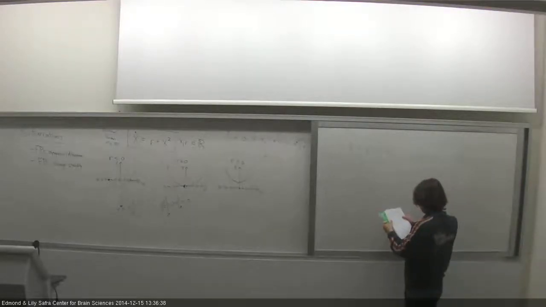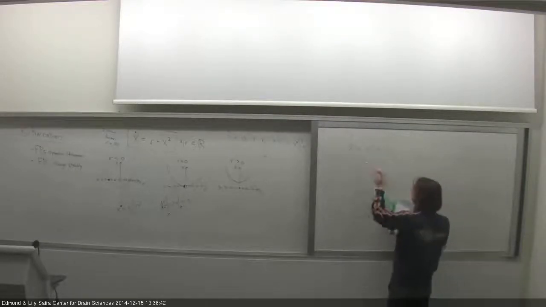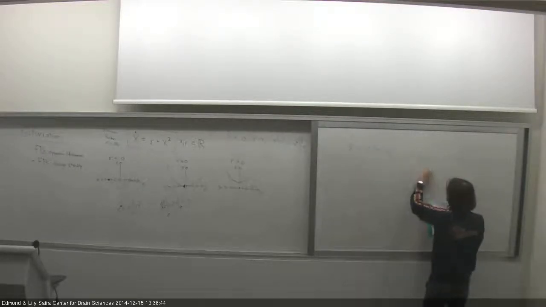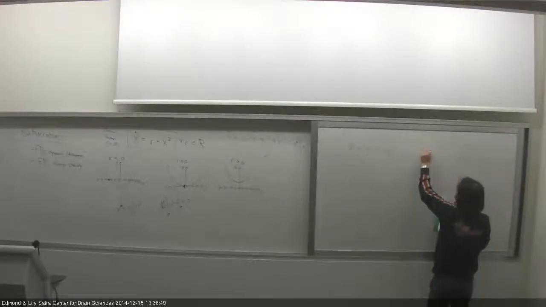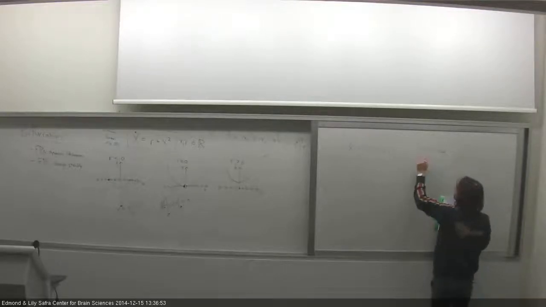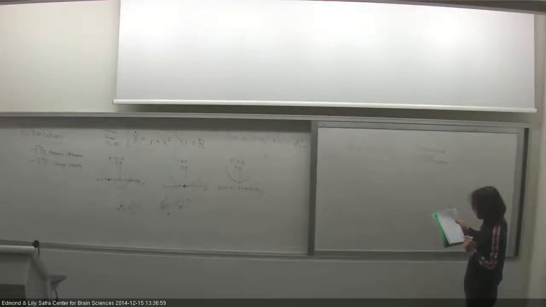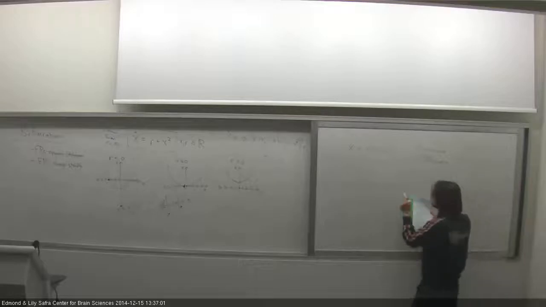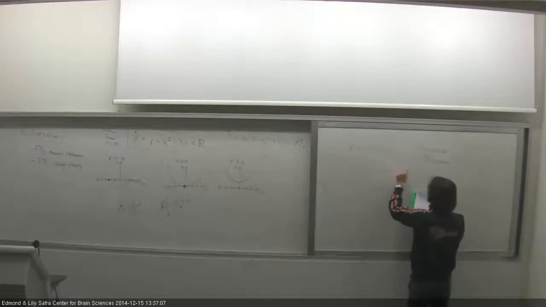The standard mechanism for the change in stabilities is called the transcritical bifurcation. And the normal form is actually the expansion of this, rx minus x squared.